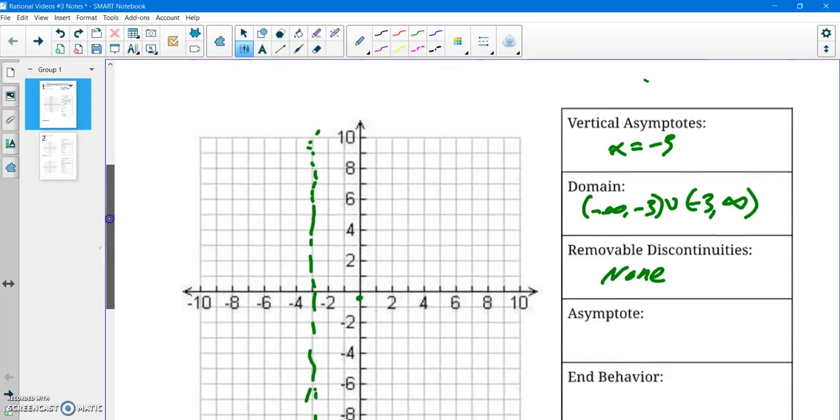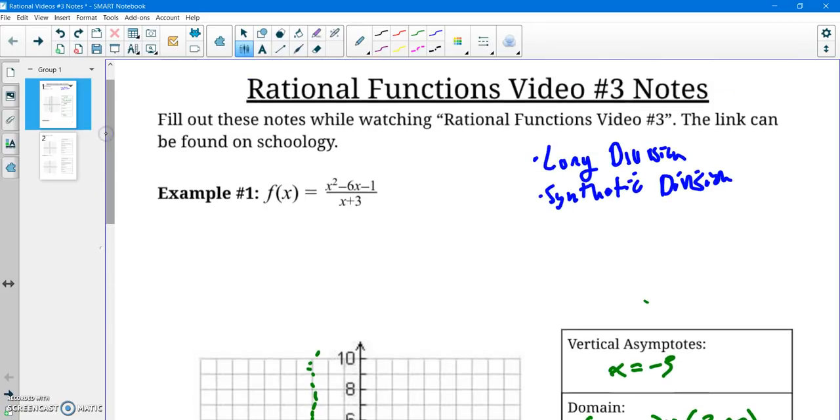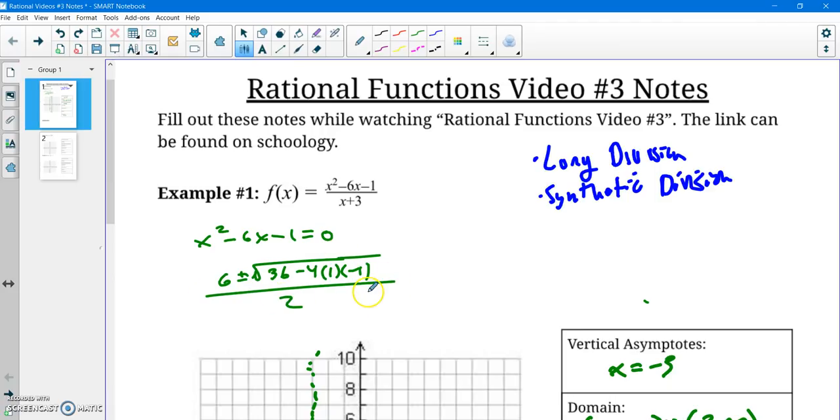And then to find my x-intercept, I set my numerator equal to 0. This is a little bit annoying because, as we noted earlier, this doesn't factor. So if I want to figure out where that equals 0, I'm going to have to use my quadratic formula. Opposite of b plus or minus the square root of b squared minus 4ac, all over 2a. Clean that up a little bit.